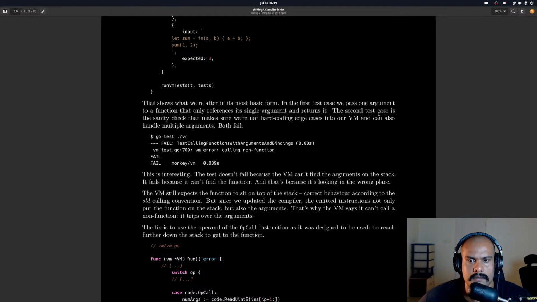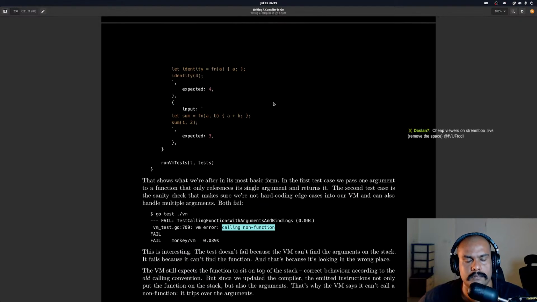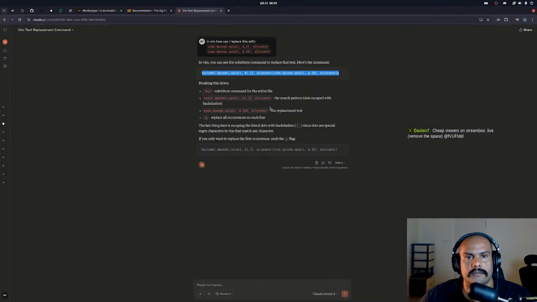The second test case is sanity check. Hardcoding edge cases to our VM. What? Calling non-function. I never got that error. Right.